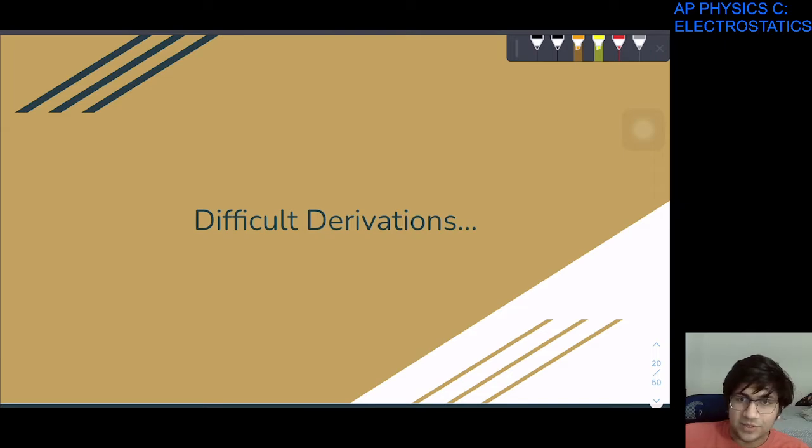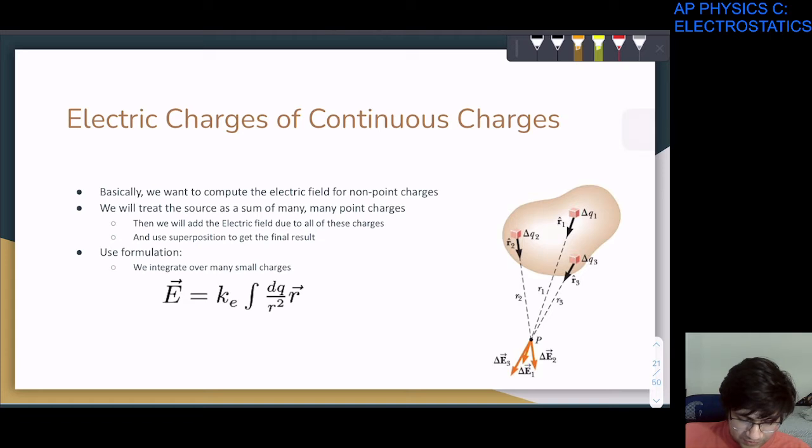All right, so now we have some easy derivations. Earlier we were looking at point charges. We were saying we have two points here. What is the force between the two? Now we're going to look at the electric field for non-point charges. Over here we have this big mass of electric charge, and we're interested in a specific point P. What is the electric field at that point?